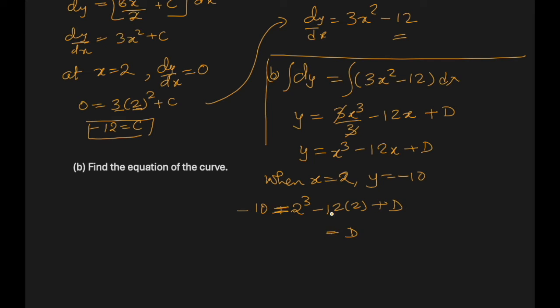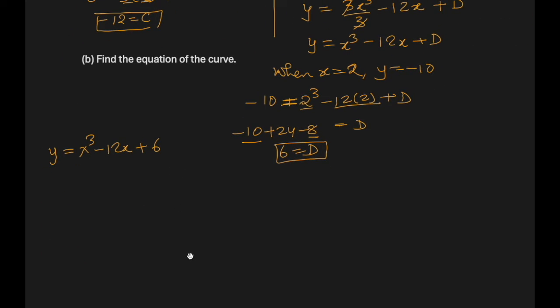Keep d here, and this is minus 24, this is 8. So minus 8 plus 24 minus 8. Yeah. So minus 18 plus 24 is 6. So d is 6, and our equation is y equal to x cube minus 12x plus 6.